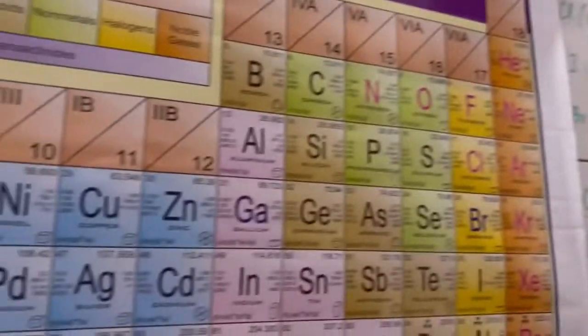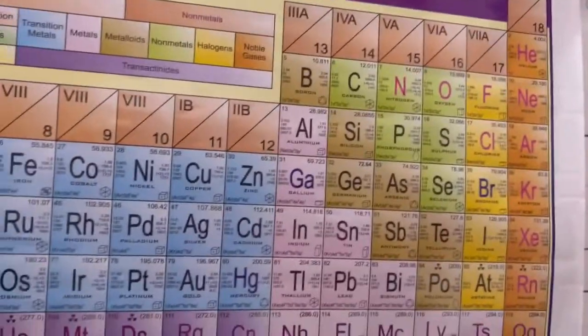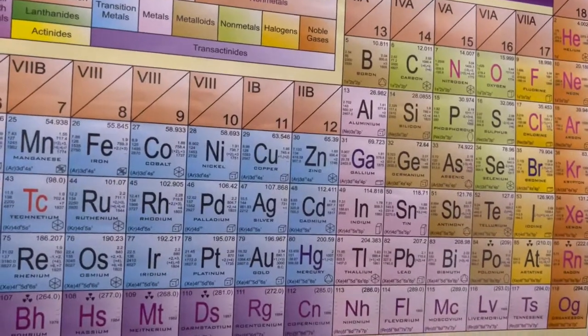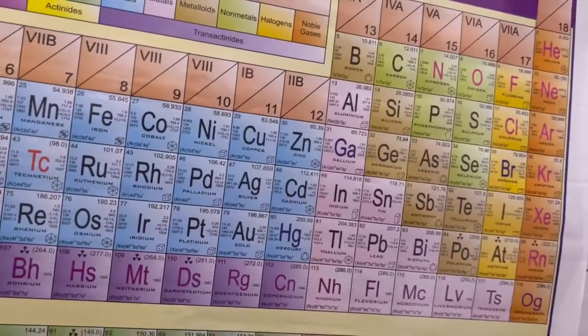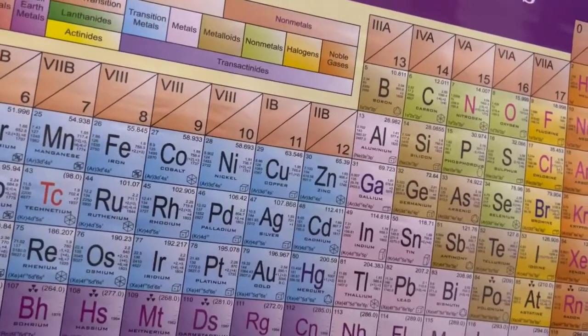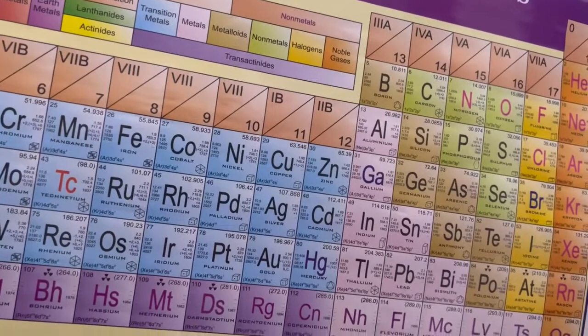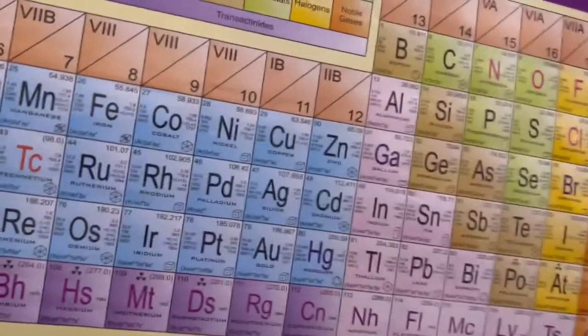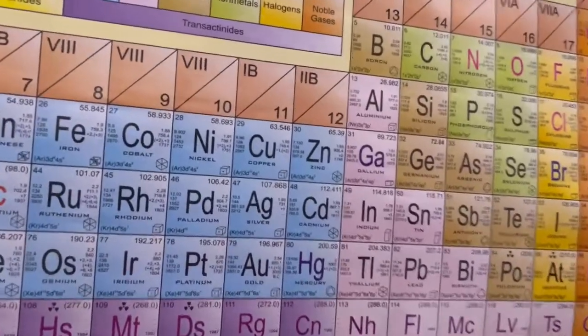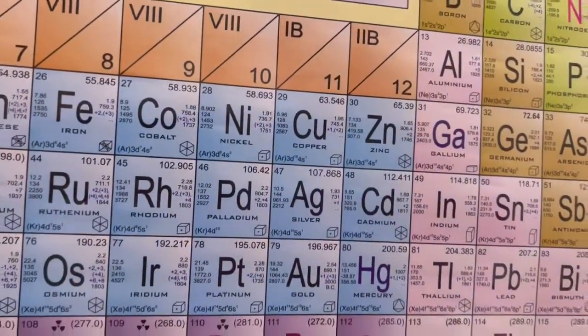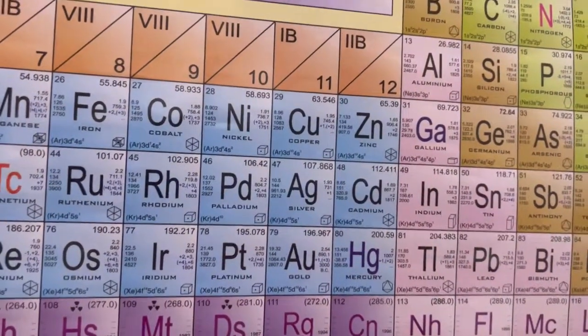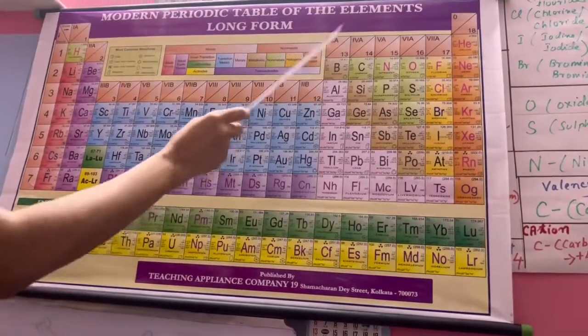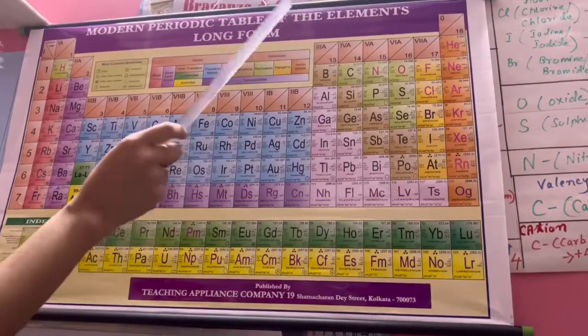Now, let's shift to group 13. Group 13 has boron, aluminium, gallium, indium, thallium.